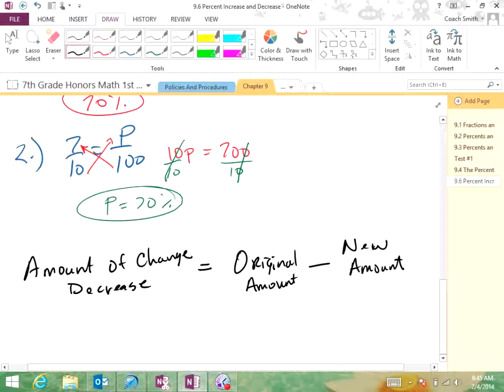Okay, so that's what we're going to look at this time. Let's look at this one. The original amount is $1,953. The new amount is $1,085.